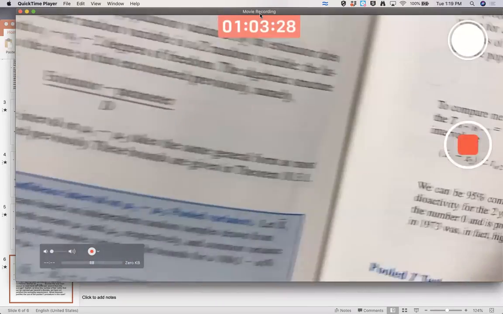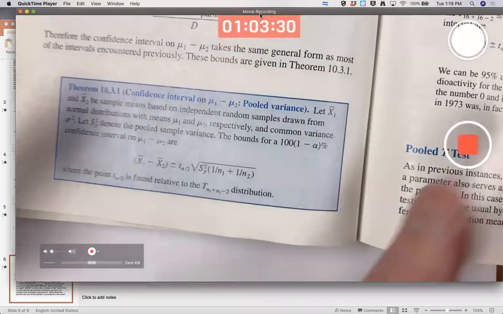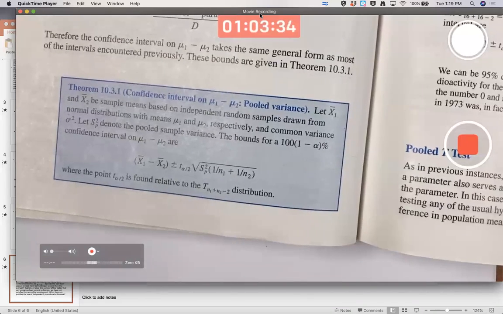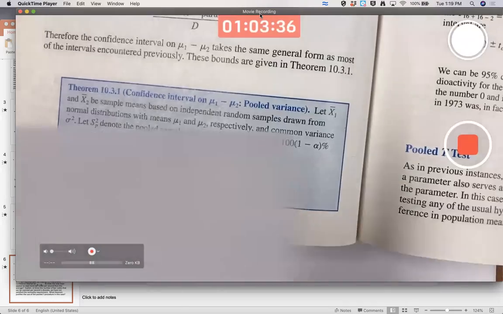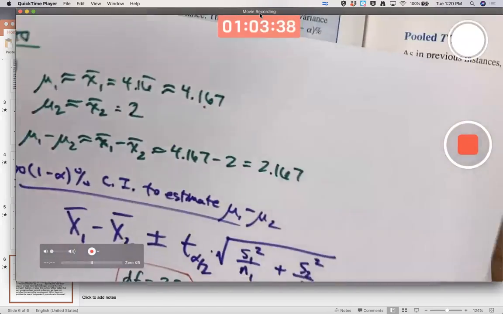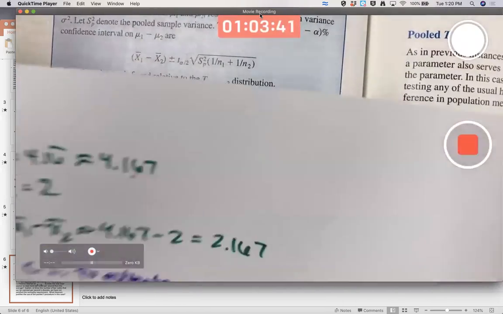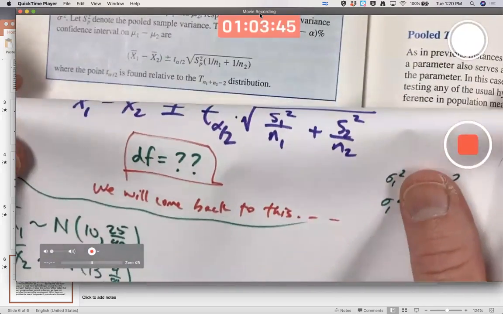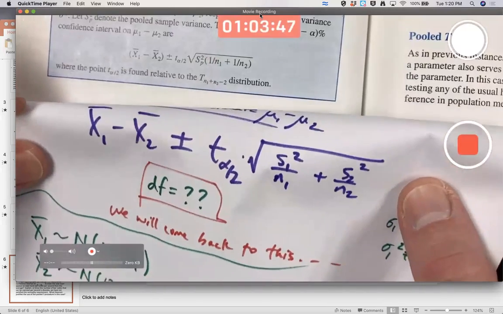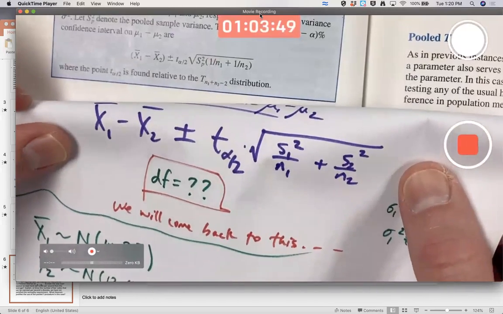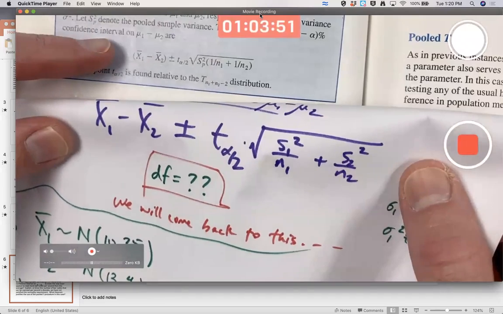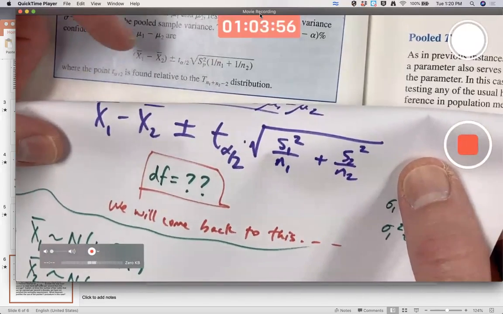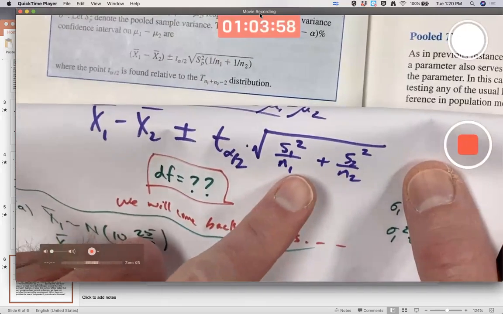The next page is a formula for the confidence interval. And this comes back to the first page that we did in class today, comparing it to this formula right there. Notice it's the same point estimator, X1 bar minus X2 bar plus or minus t sub alpha over 2 times the square root. The square root I wrote there is this one.